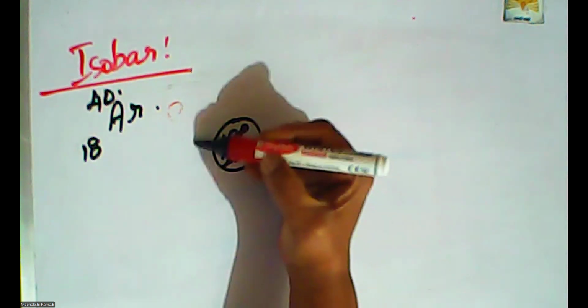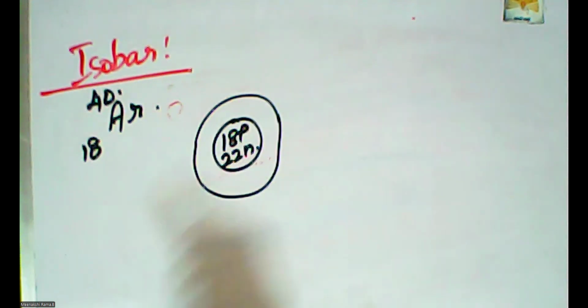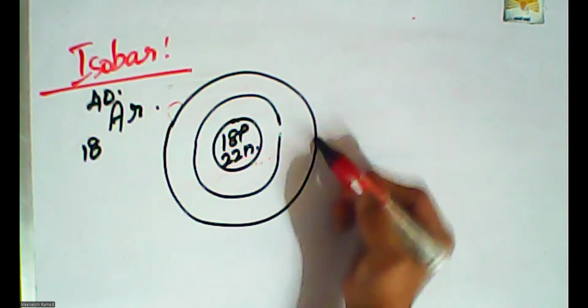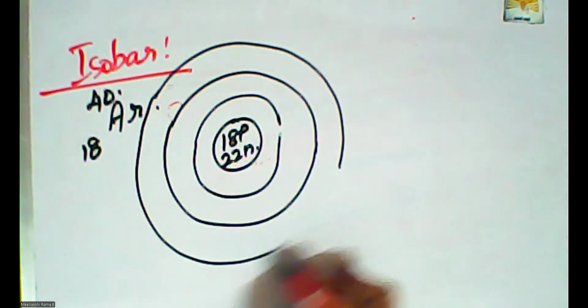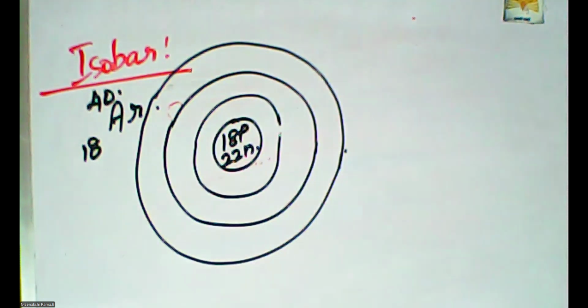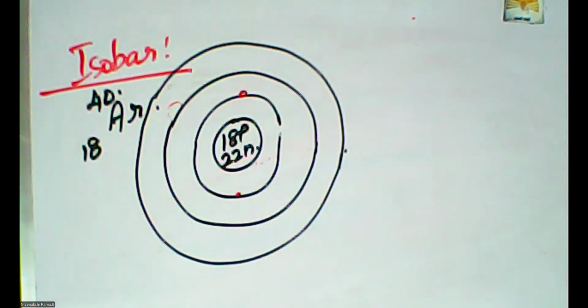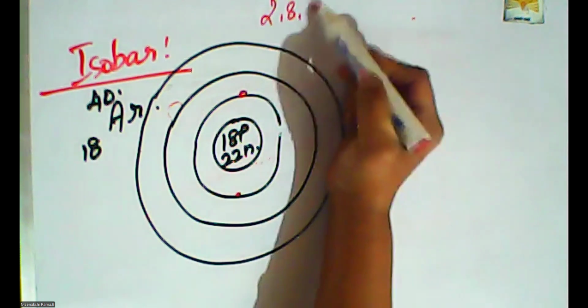There are 3 orbits here. The first orbit contains only 2 electrons. The general electronic configuration is 2, 8, 8.